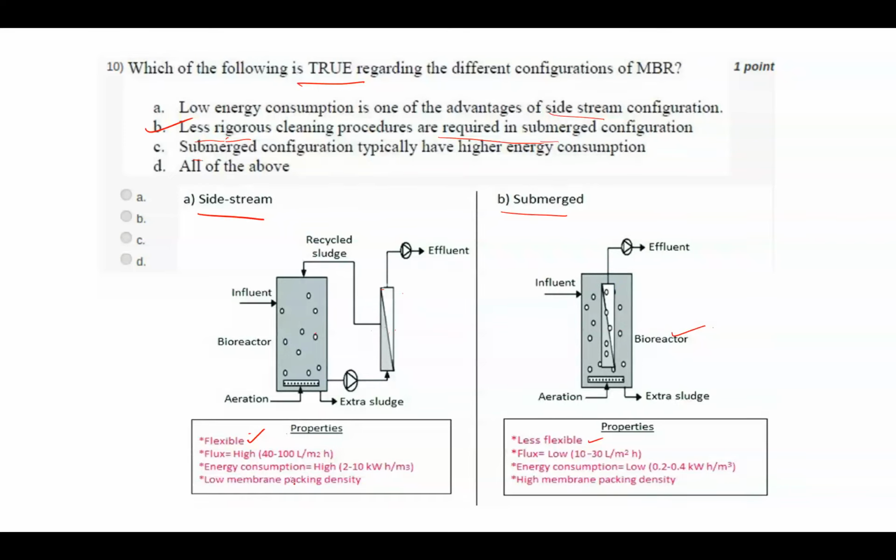Then energy consumption: side stream has higher energy consumption, and submerged has lower energy consumption. And when we analyze the membrane packing density, the density of membrane is less here, while for the submerged one, higher membrane density is needed.